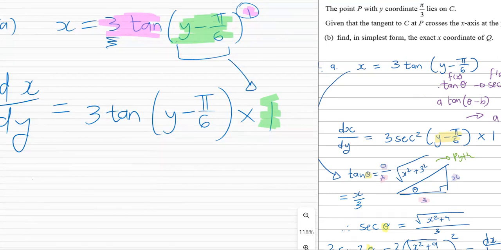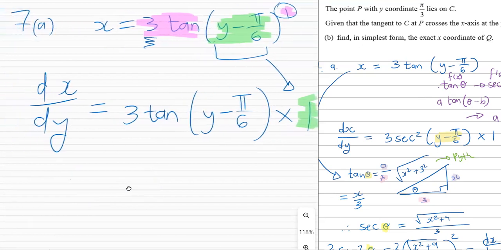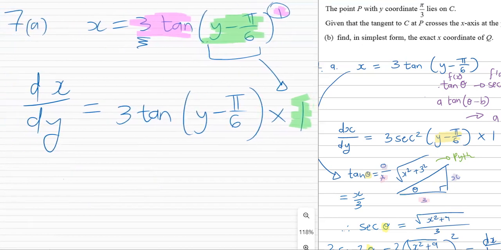So now we have a function for dx dy. What can we do with it? Well, we want dy dx. So obviously, in order to get dy dx, we can flip it over.